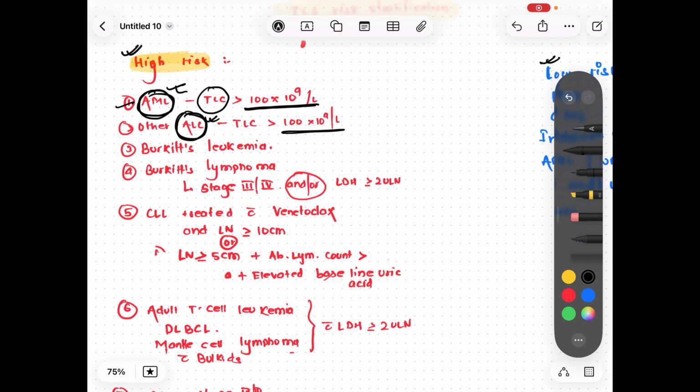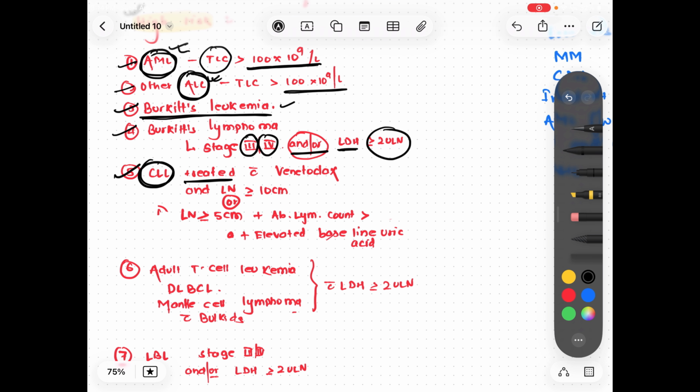First one is this. Second is any Burkitt leukemia. Any Burkitt leukemia is high risk. Any Burkitt lymphoma stage 3 and 4 and LDH more than 2 times upper limit of normal. So we have discussed 4. Now coming to the fifth one, venetoclax.